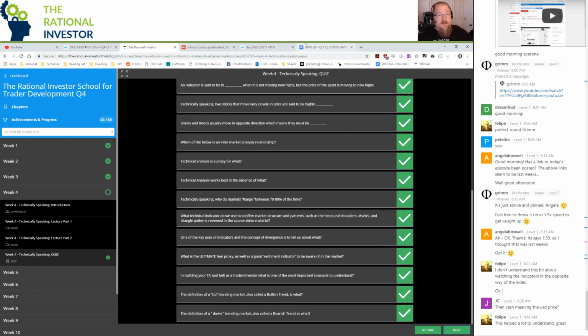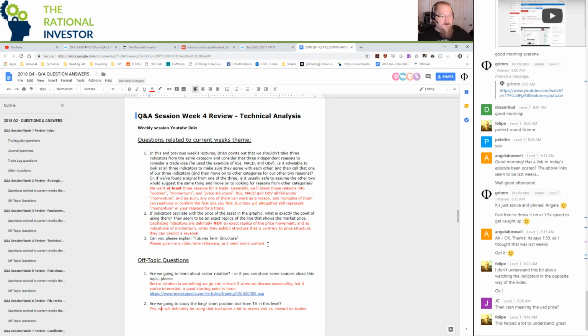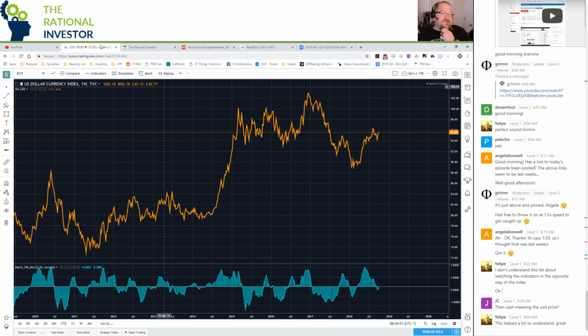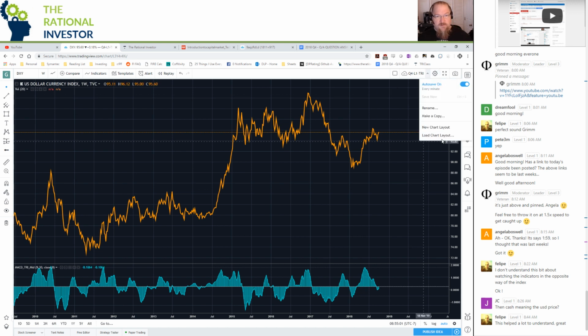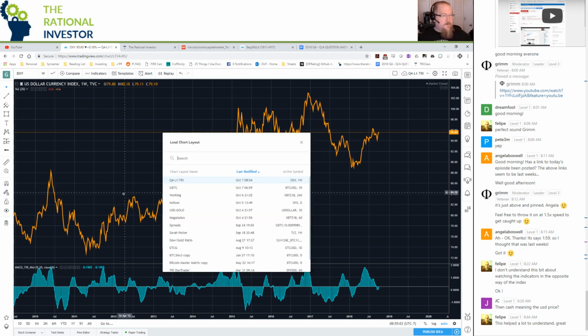As I mentioned, let me talk a little bit about futures term structure. When you have a futures market, you have essentially two different things. We have, let me show you here, spreads.